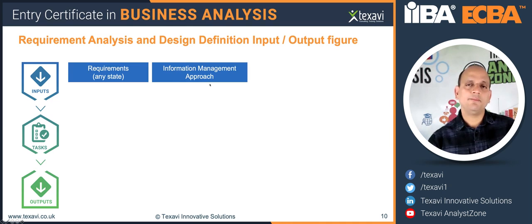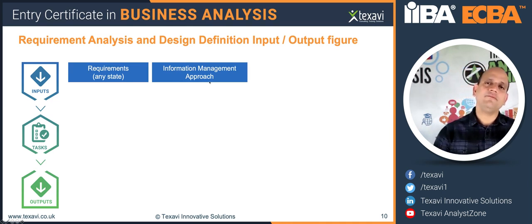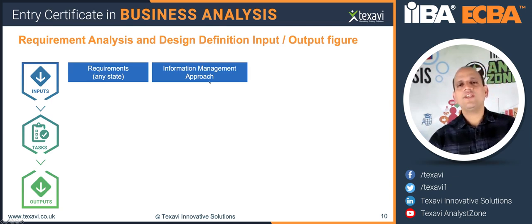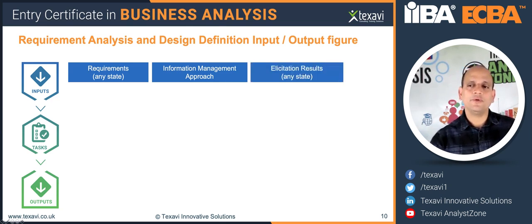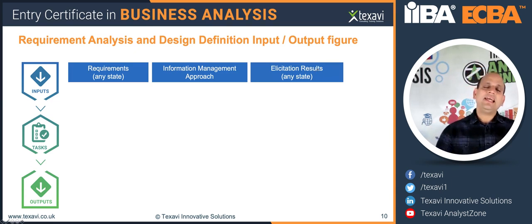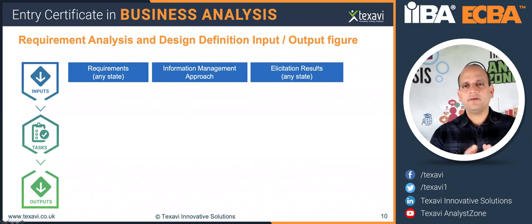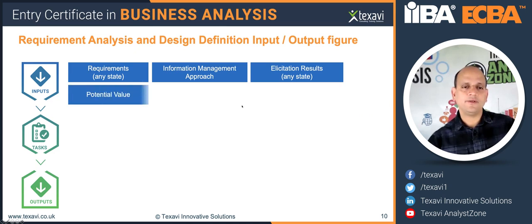And then the information management approach: how we're going to manage the information, what kind of communication we're going to engage in, which kind of details we would like to discuss with the stakeholders that we have identified, what is the engagement approach, all of those. And then the elicitation results, again, either confirmed or unconfirmed, doesn't matter. They're still going to feed into the analysis activities that we are going to discuss.